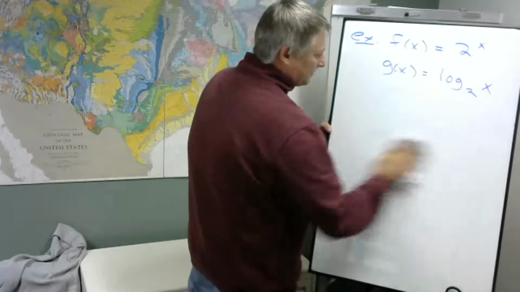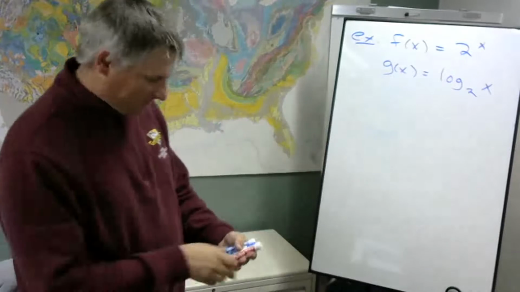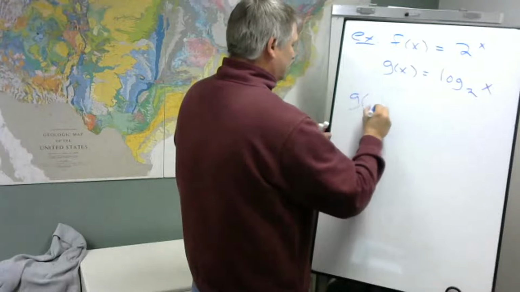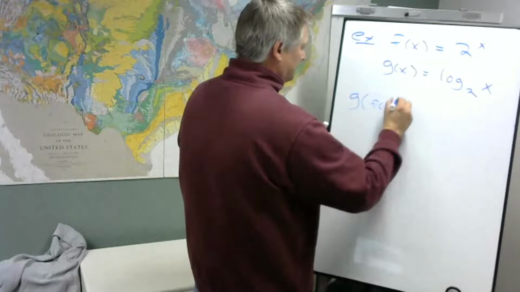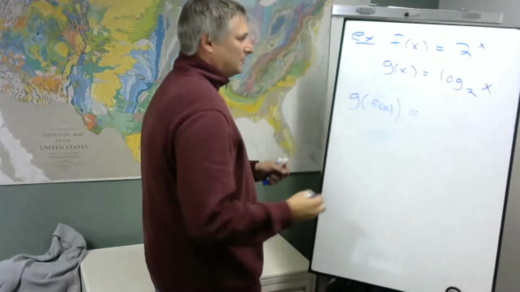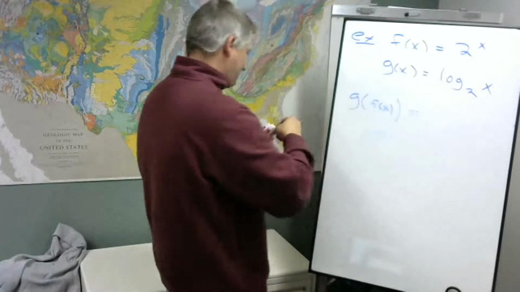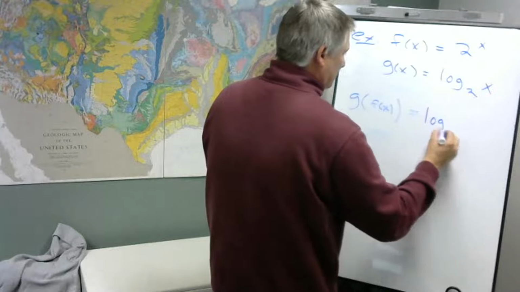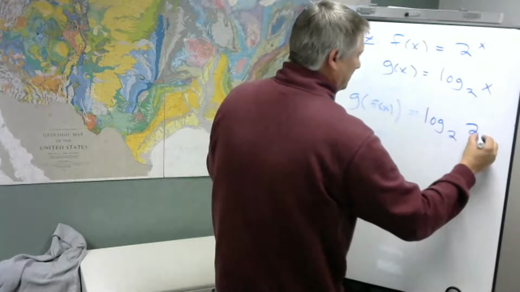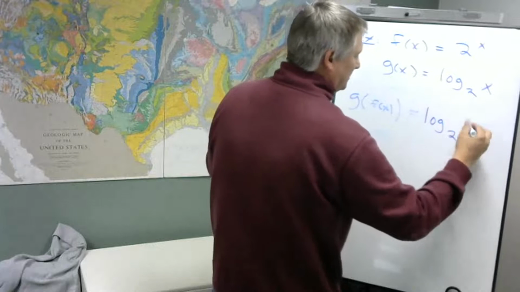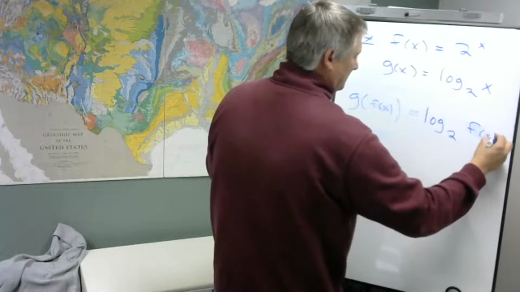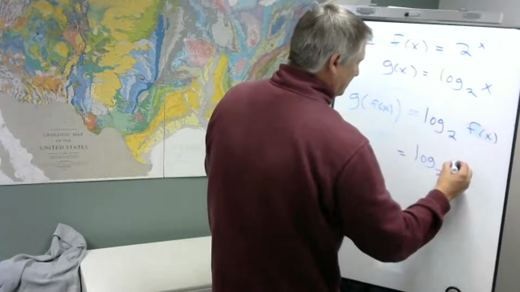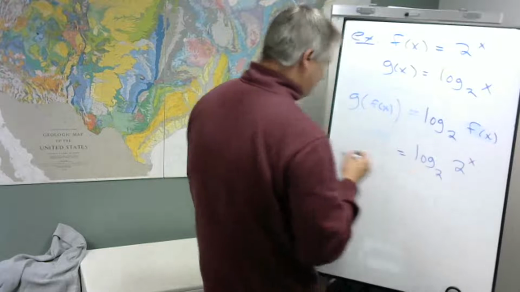So also if we do this, g of f of x, this would be log base 2 of f of x, or log base 2 of 2 to the x.